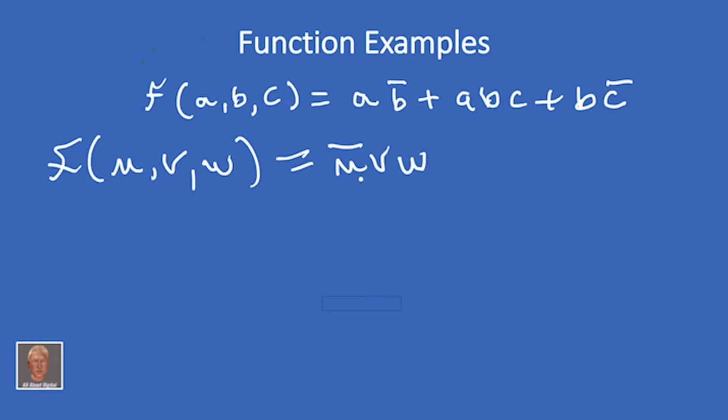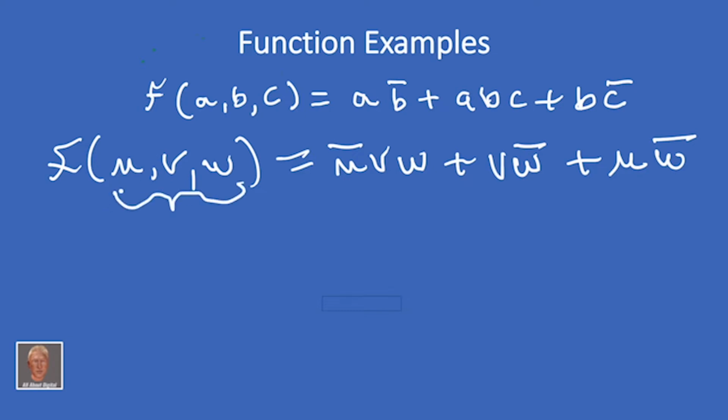This is the intersect function, u times v times w, plus vw bar plus u w bar. Okay, so again, this is the function as we define it, and this is the domain of the function right here, and within the domain are the variables that are going to be used in that function.